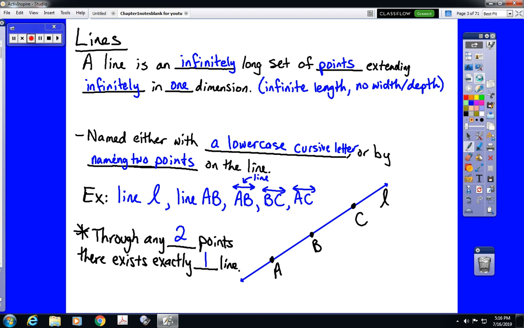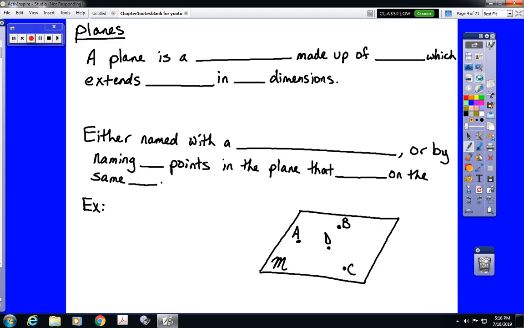Alright, that brings us to planes. So our third and final undefined term is plane. A plane is a flat surface made up of points which extends infinitely in 2 dimensions.